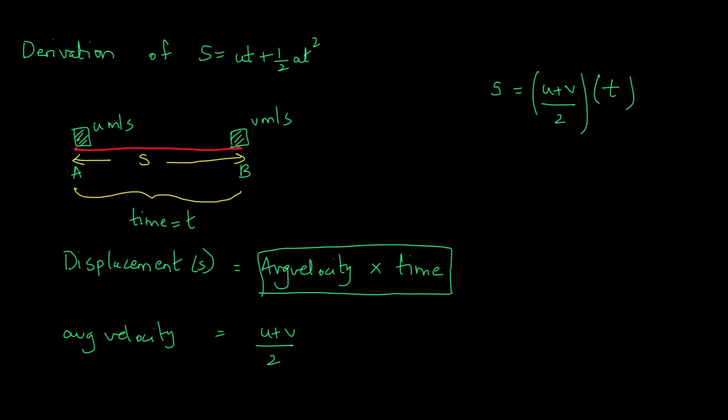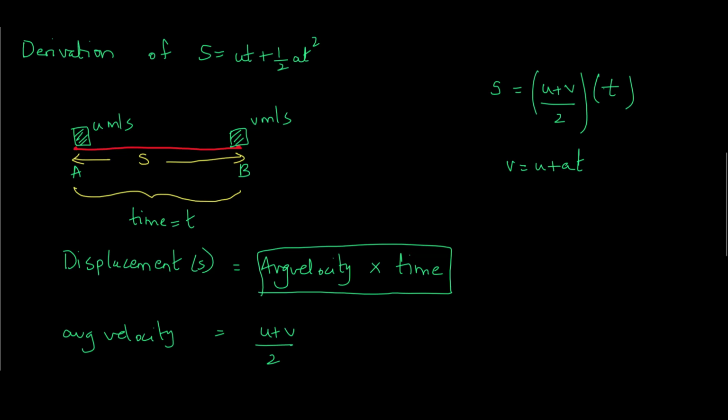From the first equation of motion, we know that v = u + at. Therefore, s = (u + v) by 2 into t. In place of v, we substitute u + at.